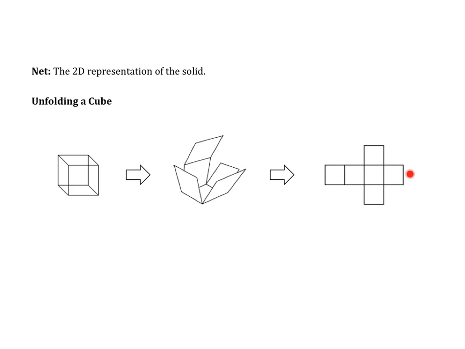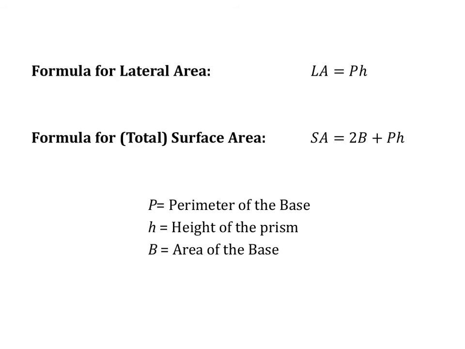This is my 2D representation of a solid. All solids have a net, so there's always a way to fold and unfold each solid. Also, all nets must be connected. Like here we see how these pieces are connected. You can't ever have any floating pieces off somewhere else. A net has to be completely connected.